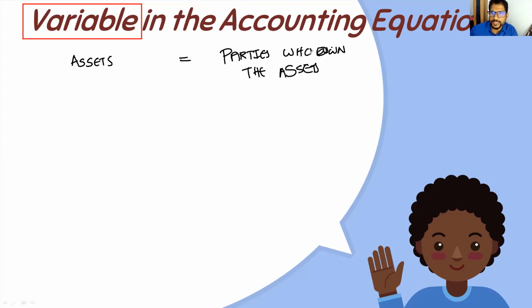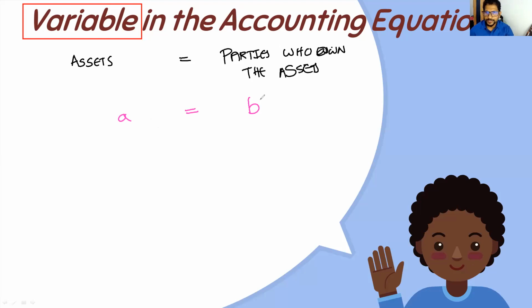In this accounting equation, I'm asking a small question. What are the variables? What are the things that can be changed?